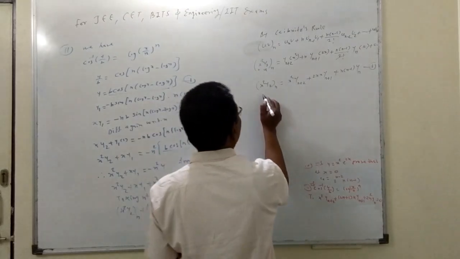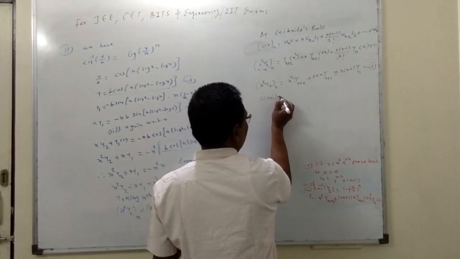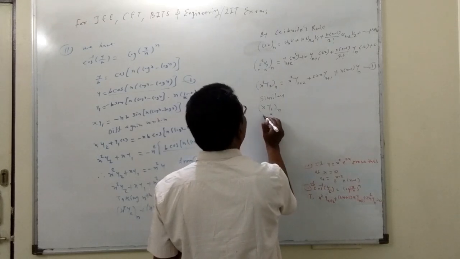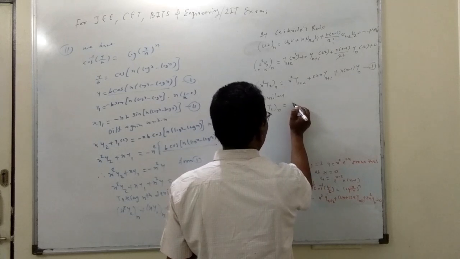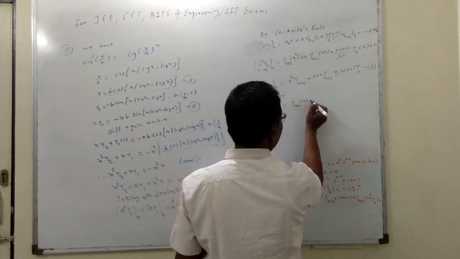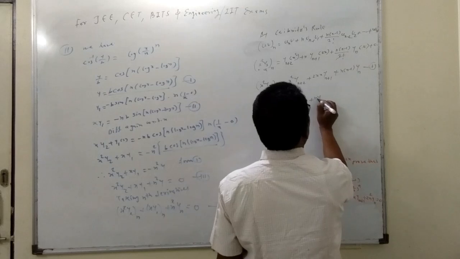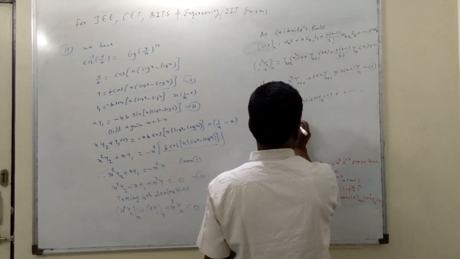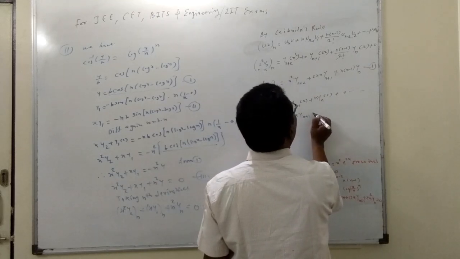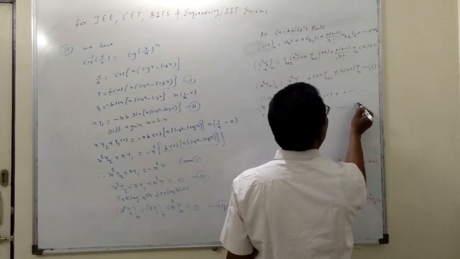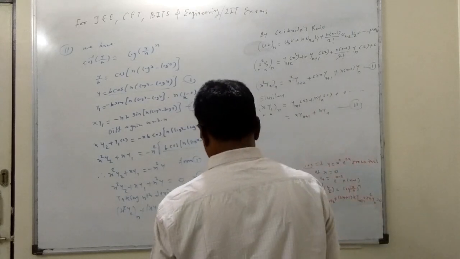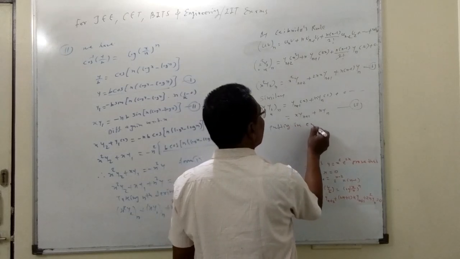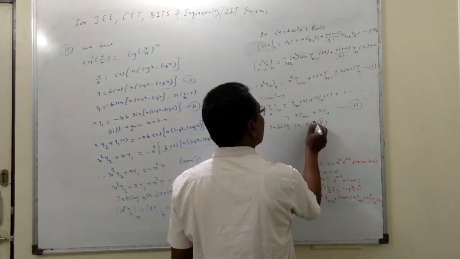Similarly, we find x y1 nth derivative, so this is u and this is v, so that is equal to yn plus 1 into x plus n into yn, and derivative of x is 1, next derivatives are zeros, so x yn plus 1 plus n yn. Now putting in fourth equation, equation 4.